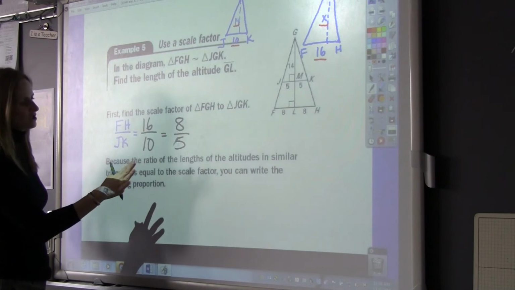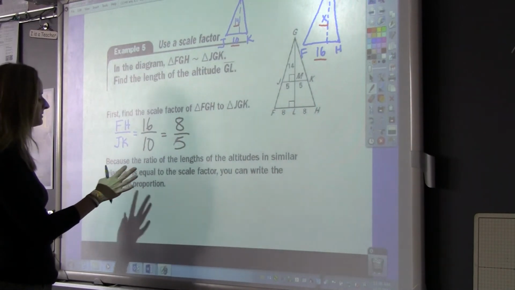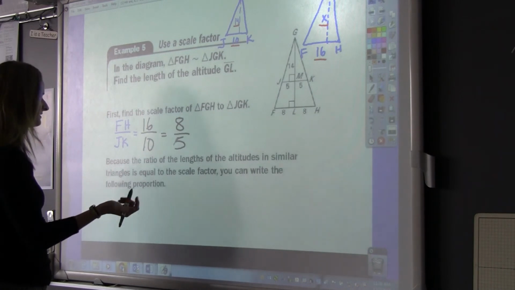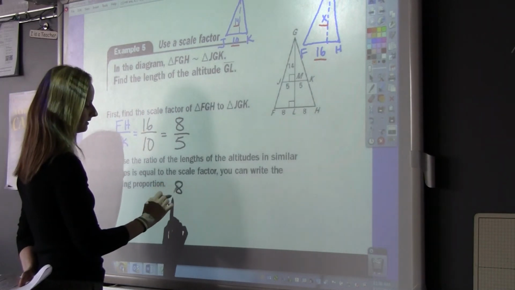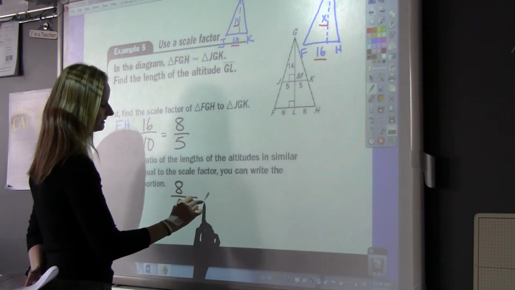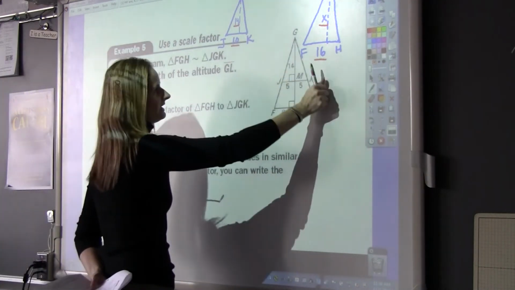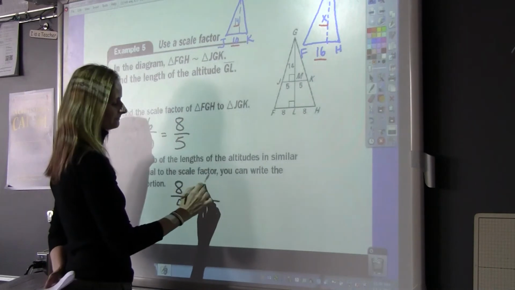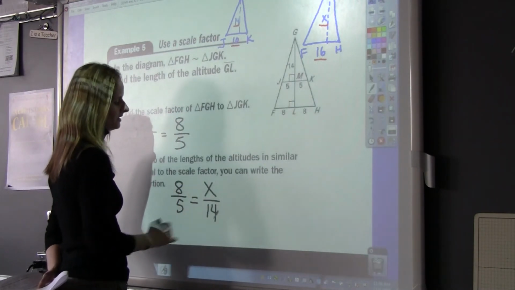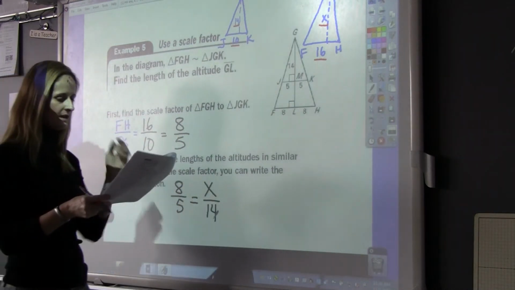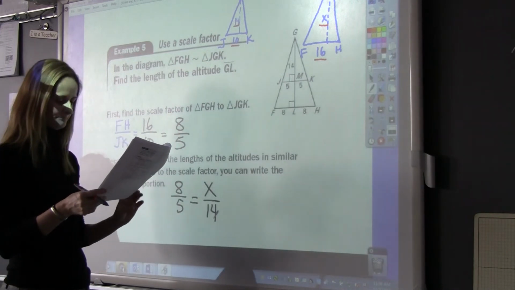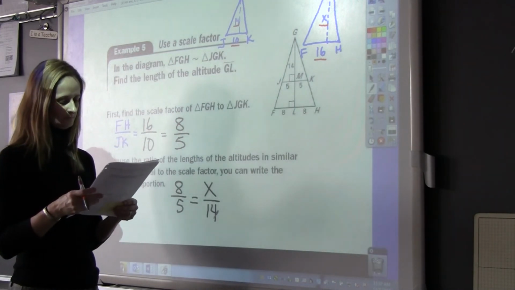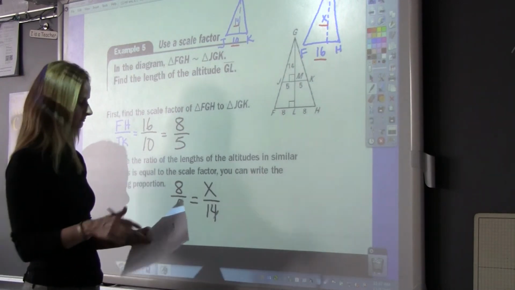So because the ratio of the lengths of the altitudes in similar triangles is equal to the scale factor, you can write the following proportion. So 8 is to 5 as X is to 14. Cross multiply, divide, and you should get 22.4.